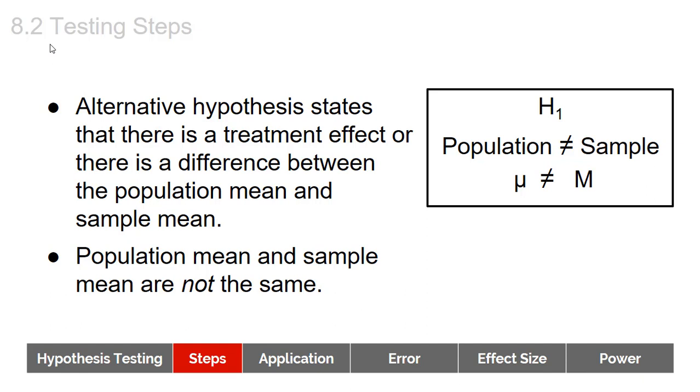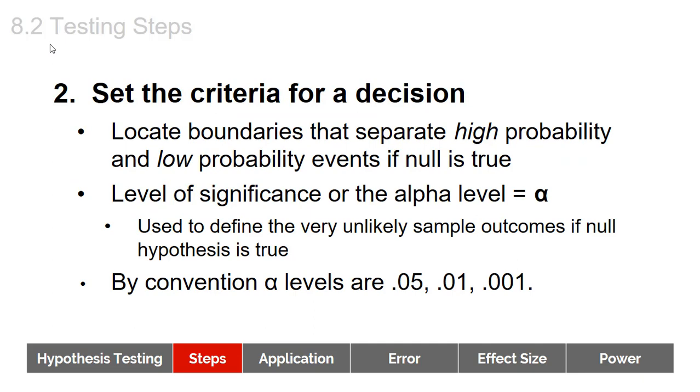And if you look at the upper right-hand corner, you see the capital H and the subscript of 1. That is the symbol for the alternative hypothesis. And we can notate it by saying that the population is not equal to the sample. So we use that inequality sign between the mu and the capital M there to show the alternative hypothesis.